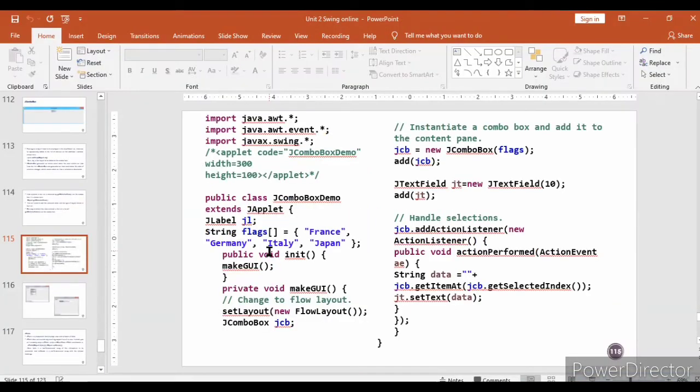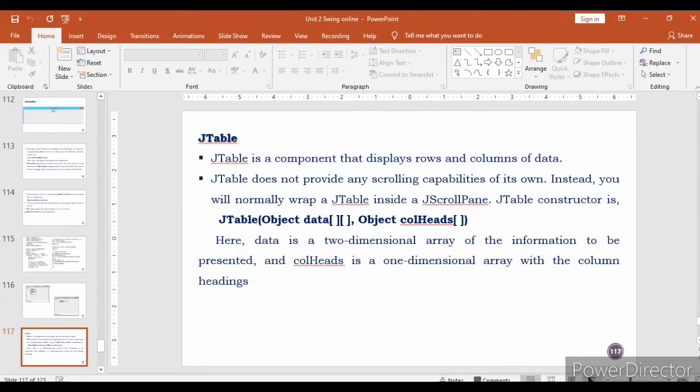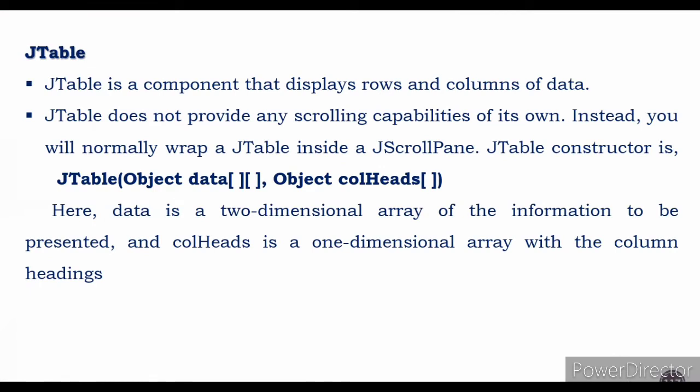Next we will see JTable. JTable is a component that displays rows and columns of data. JTable is conceptually simple. It is a component that consists of one or more columns of information.